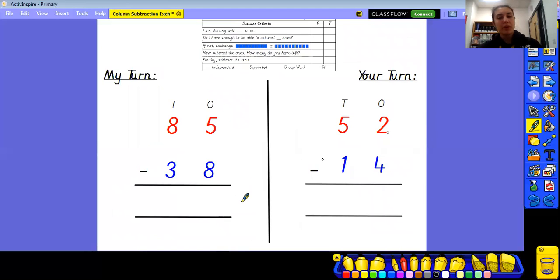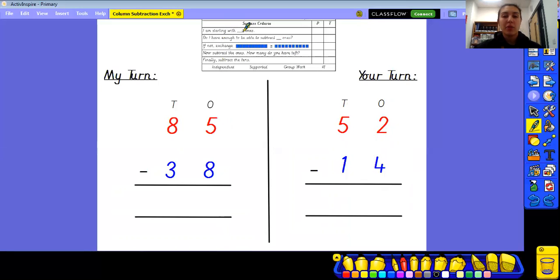I'm going to show you that one more time over here in the abstract form, so without any Dienes to help you. And then I'm going to ask you to pause the screen and work the answer to this calculation out by yourself or with an adult. And then when you finish that calculation, you can resume the video and we'll go through it together. So my turn.